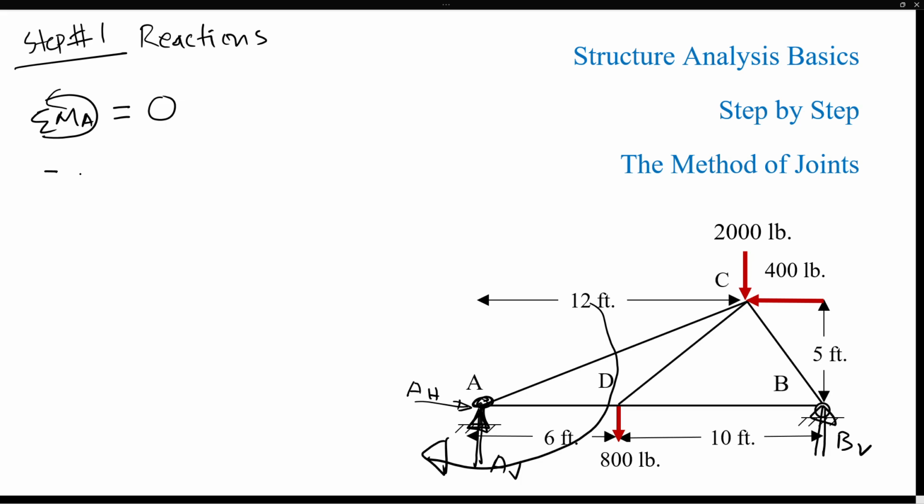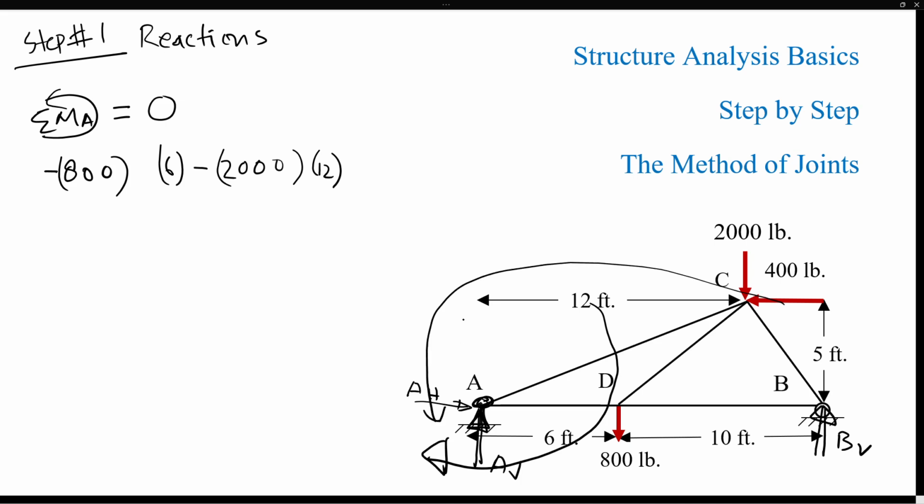So that's going to be negative 800 pounds times the distance from A, which is 6 feet, minus the 2000 pound, which will also do a clockwise moment and is 12 feet away from A. And then the 400 pound will do a counterclockwise moment. It will try to rotate the whole structure counterclockwise. So that will be a positive moment, 400 times the line of action of that force, which is only 5 feet away from point A.